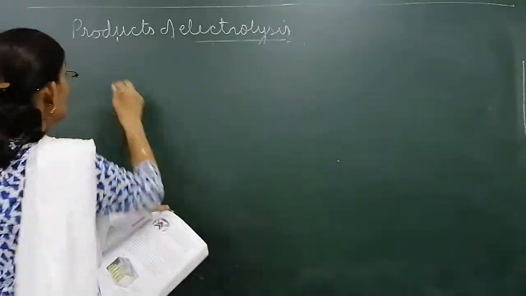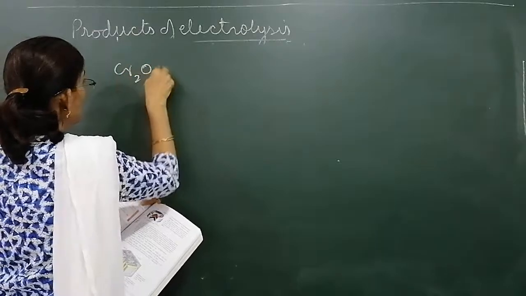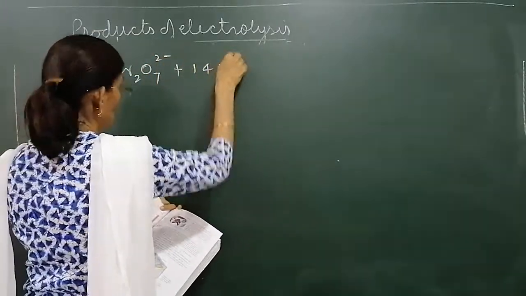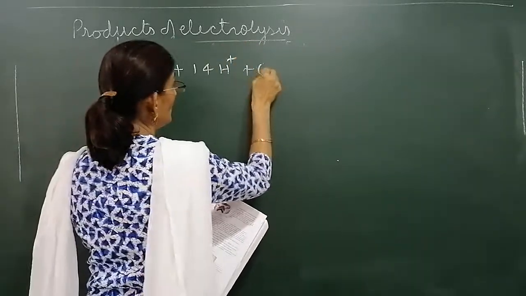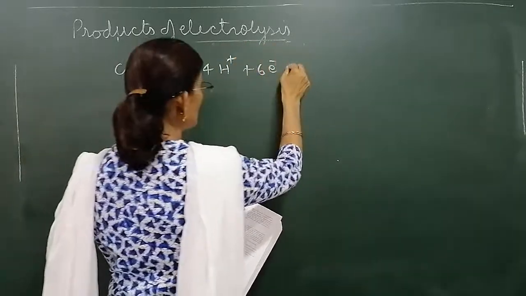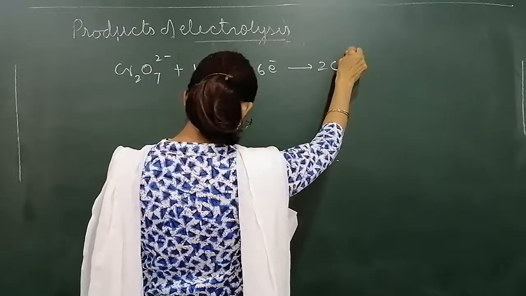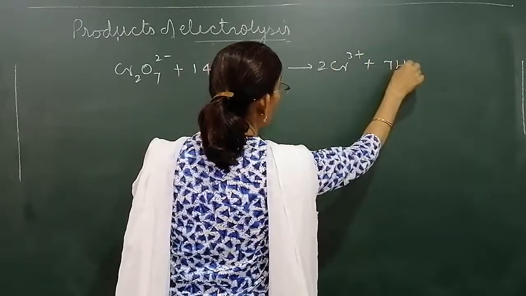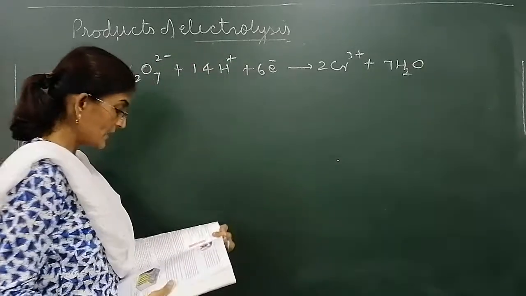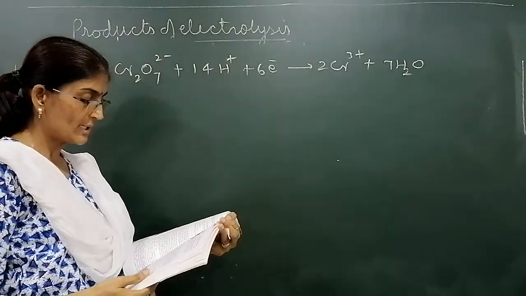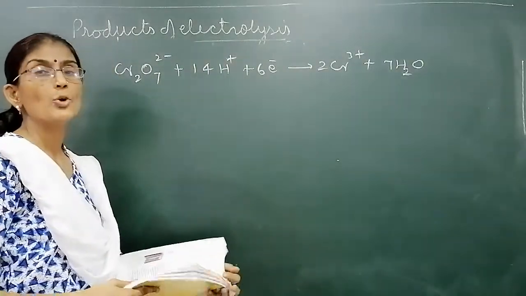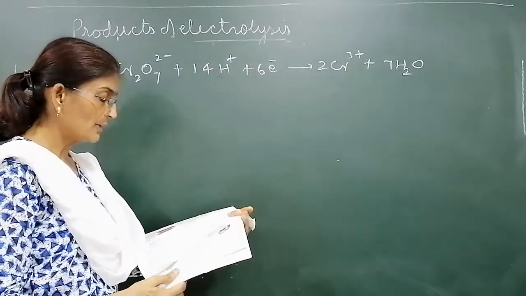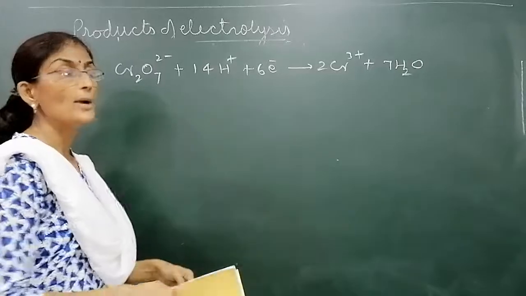Consider the reaction Cr2O7 2 minus plus 14H plus plus 6 electrons gives 2Cr3 plus plus 7H2O. The question is, what is the quantity of electricity in coulomb needed to reduce 1 mole of dichromate ion?